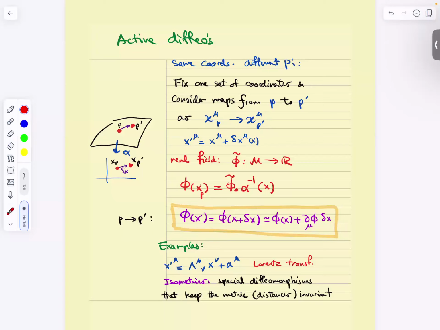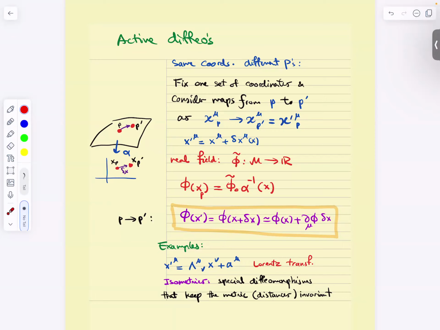Now I can expand x prime mu in terms of x mu, and this is delta x.